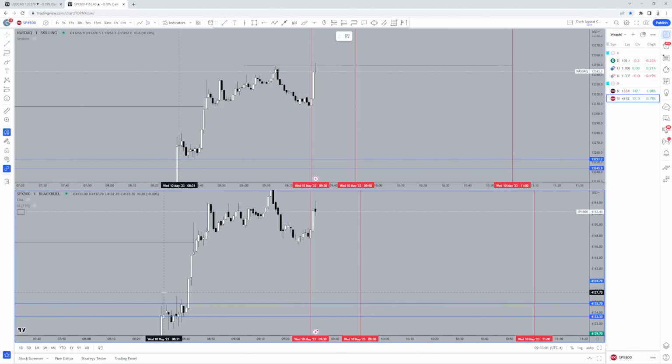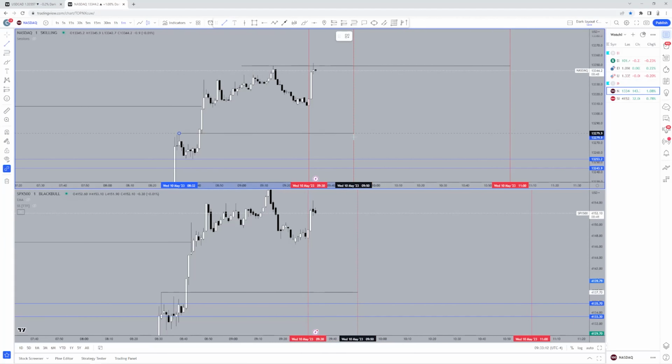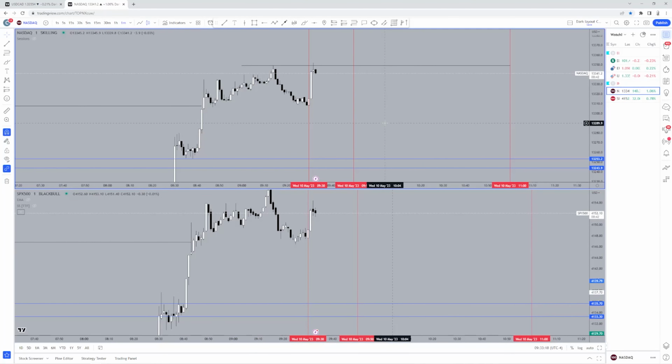I have started implementing them into my trading game. Breaker blocks are very strong. If you get some confidence, you can use them as targets, you can use them to enter trades. They're just amazing.